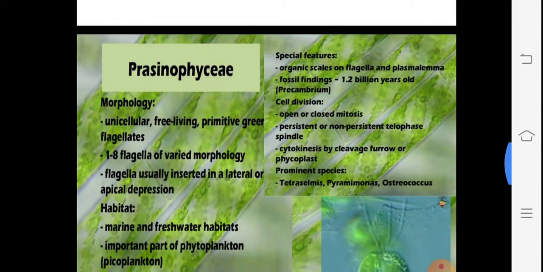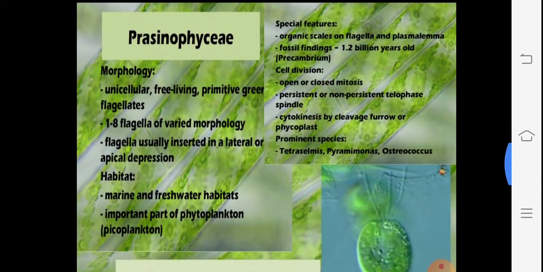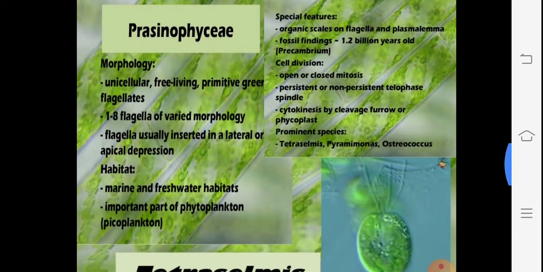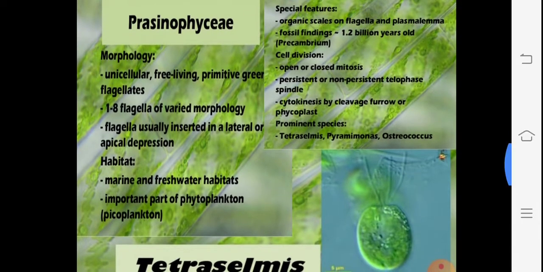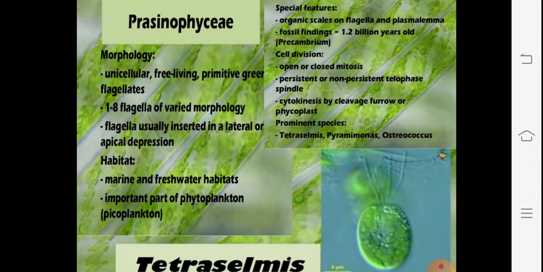Next, the first class, the Prasinophyceae. These forms are unicellular, free living, primitive, green flagellated. You see the photograph of this. They have 1 to 8 flagella of varied morphology, more than 2 flagella, minimum 1 to 8 flagella are reported.